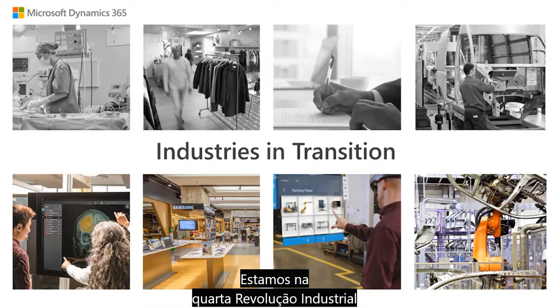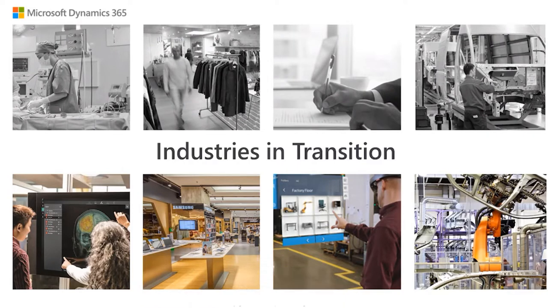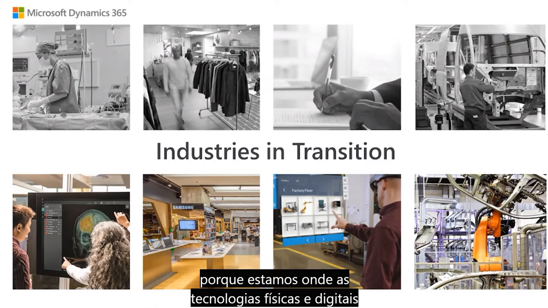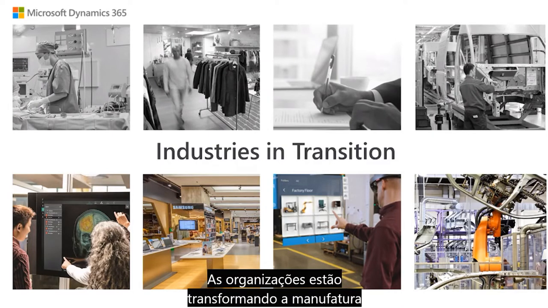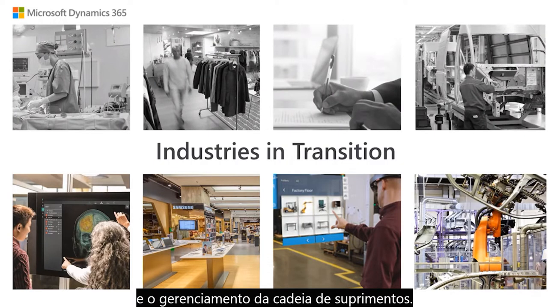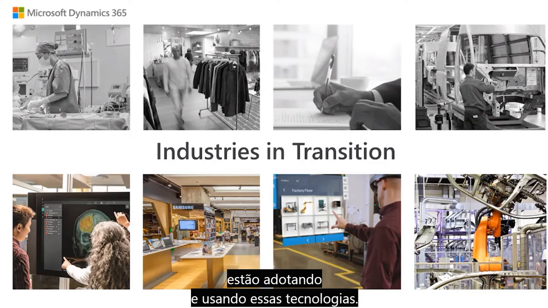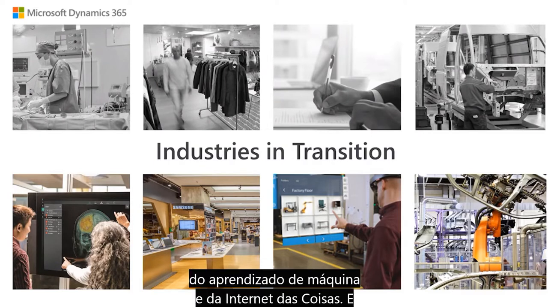We're in the fourth industrial revolution because we're where physical and digital technologies are coming together, and it's already happening. Organizations are transforming manufacturing and supply chain management. Now, there's tech-savvy companies who are adopting and using these technologies. We see the use of artificial intelligence, machine learning, and the Internet of Things.